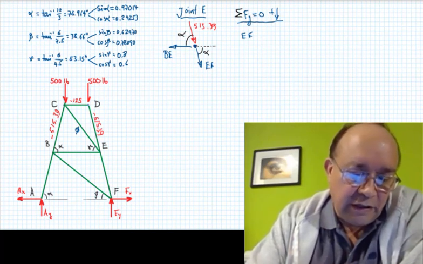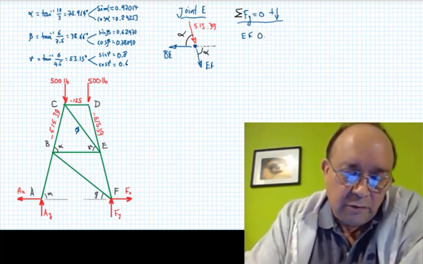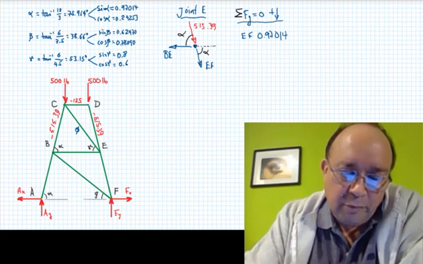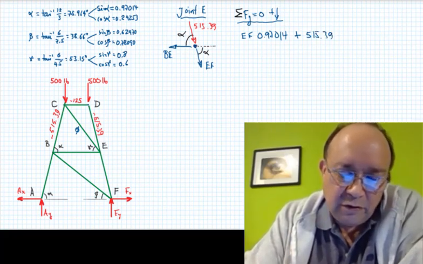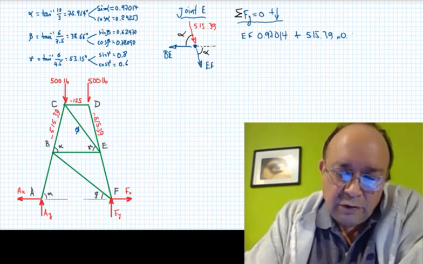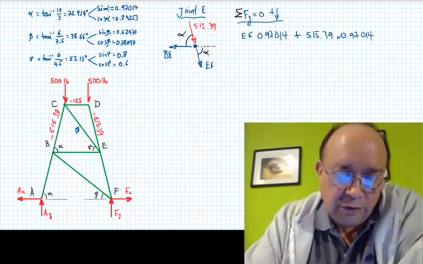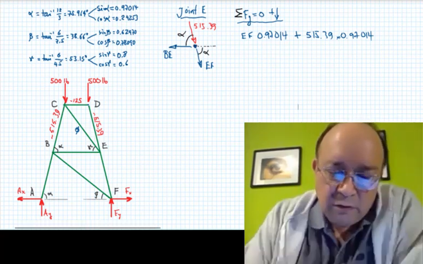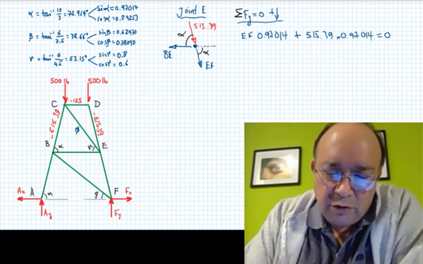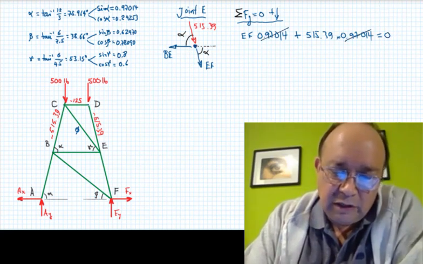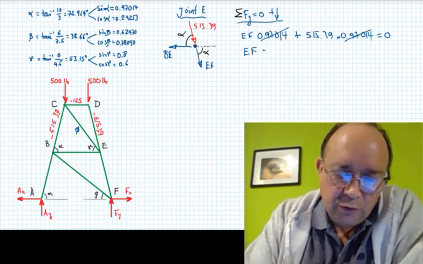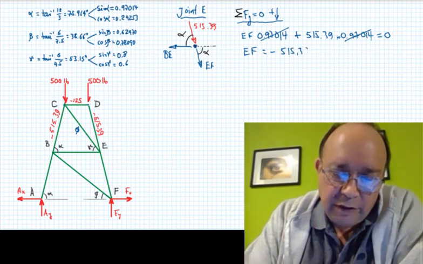EF sine alpha, so it's EF times 0.97014, plus 515.39 sine alpha, which is also 0.97014, and I don't have any more forces in the y direction, so this summation has to be equal to 0, and these numbers are the same, so EF equals minus 515.39.